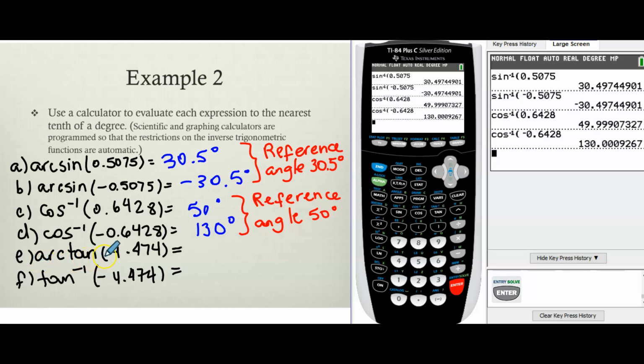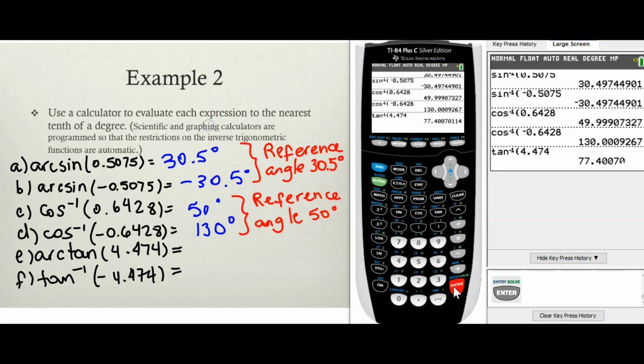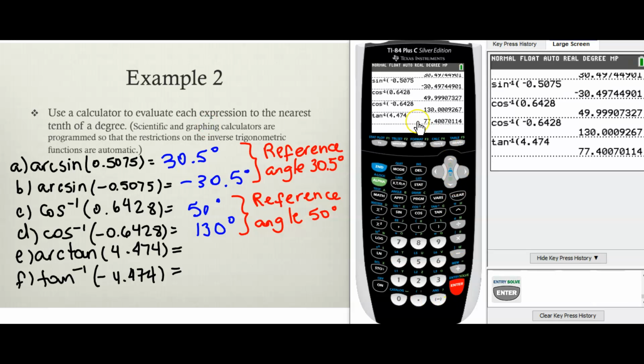Let's do the calculations for arctangent of 4.474. To get to arctangent or tangent inverse, we click second tangent, enter 4.474, enter, 77.4 degrees.